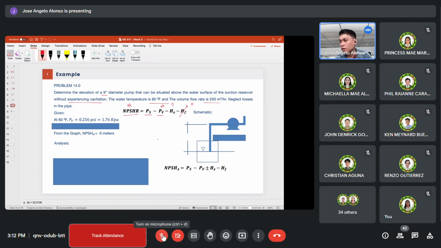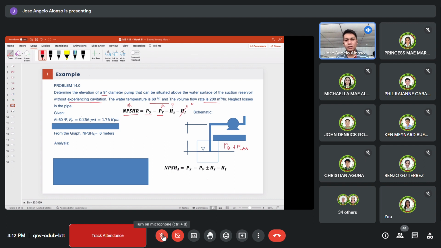Okay, so pressure ng suction side, sabi ko nga, kailangan natin kunin is absolute pressure. So, pressure ng suction side is gauge pressure plus the atmospheric pressure. So gauge pressure here class is 0 kasi wala namang binigay na gauge pressure dito.